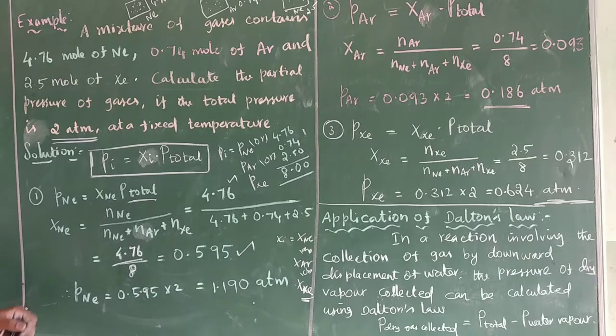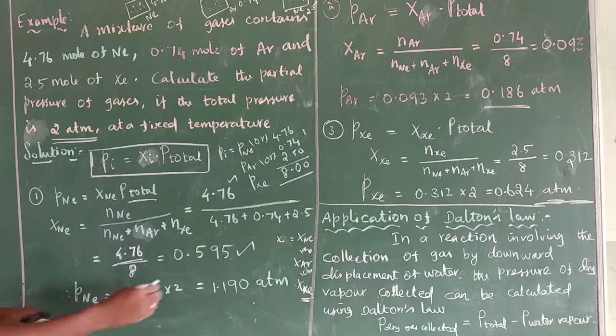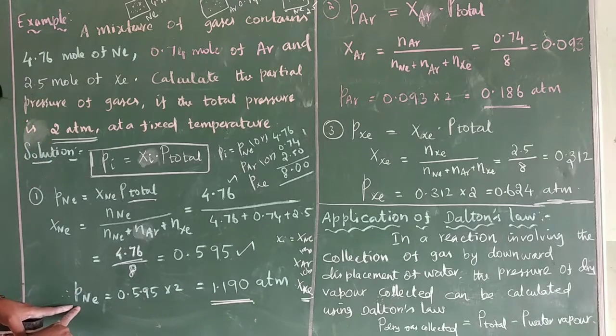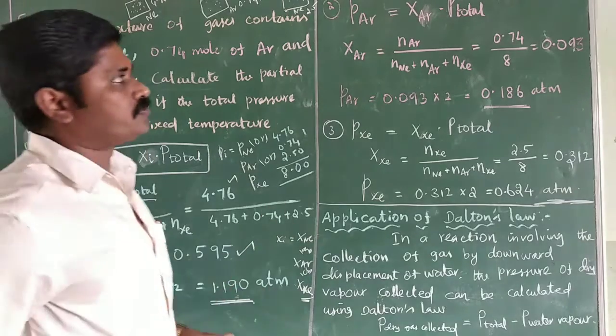So 0.595 is the mole fraction of neon. The partial pressure of neon is equal to the mole fraction into total pressure, 0.595 into 2. So the partial pressure of neon is equal to 1.19 atm.